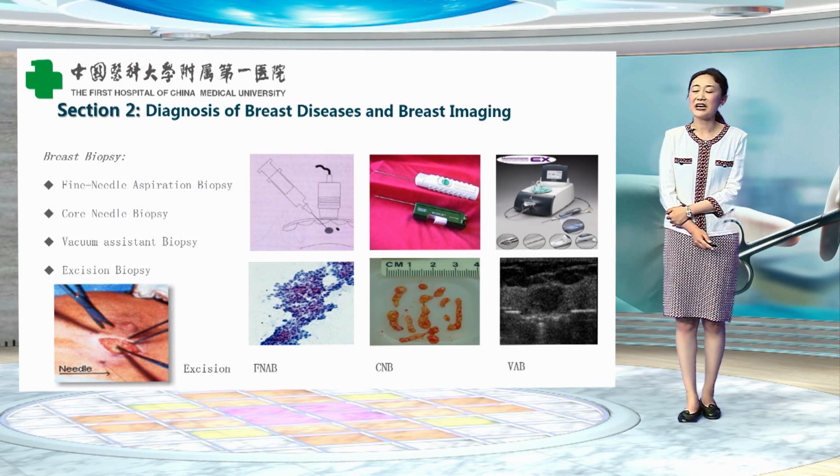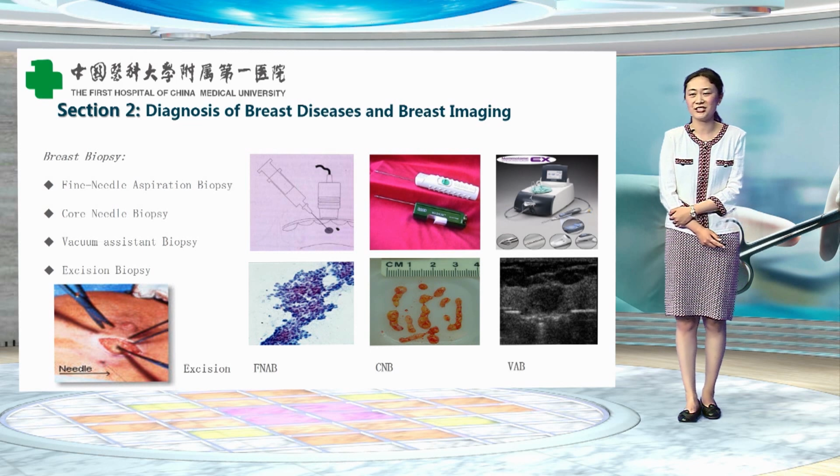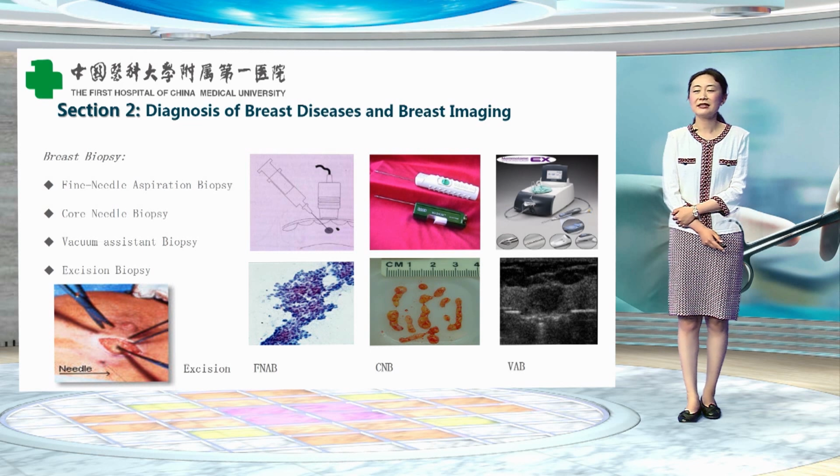But in the pathologic diagnosis, the more tissue you get, the more accurate it will be. So the vacuum-assisted biopsy was developed to do better and to accomplish the excision of the whole lesion. The biopsy with imaging guidance greatly improved the accuracy.